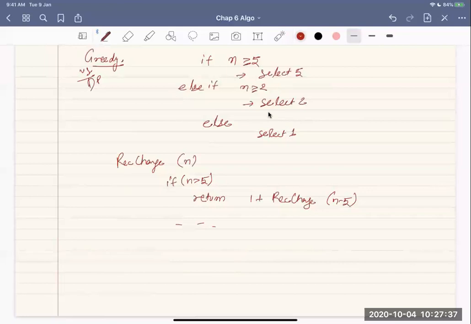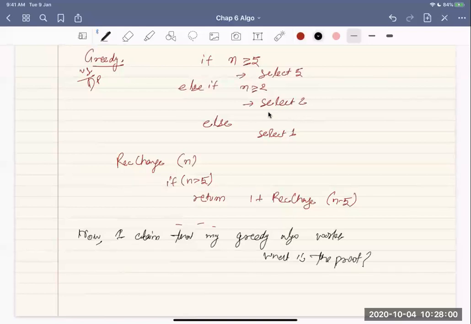Suppose I claim that my greedy algorithm works. Then we need a proof. So what is the solution that the greedy algorithm is proposing?